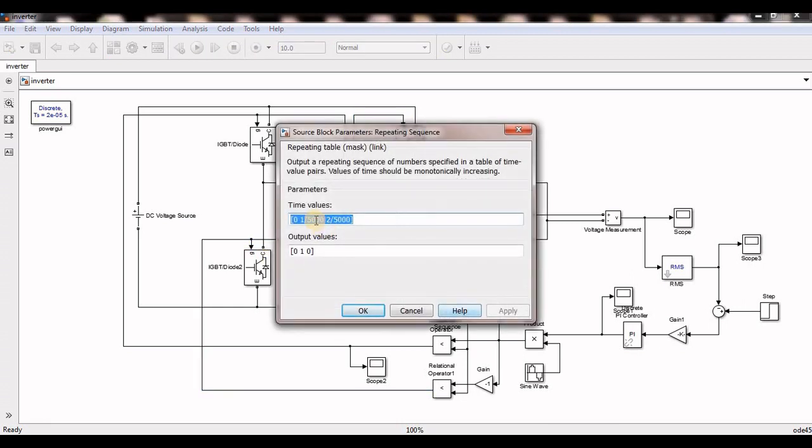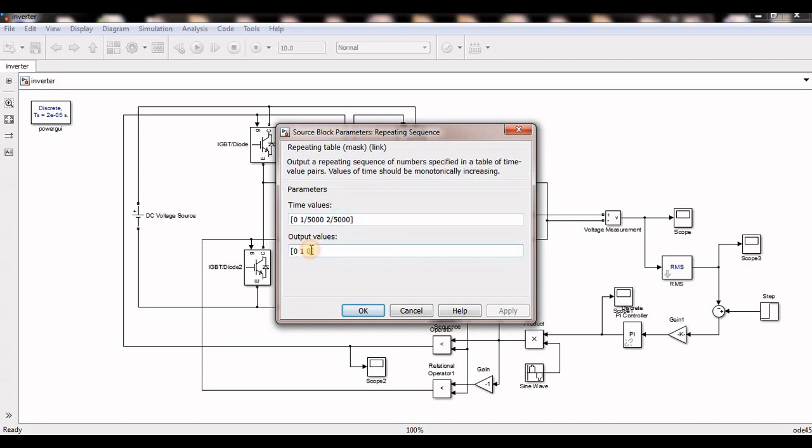And the switching frequency I have taken is 5000 Hz. So generally we can consider this as a complete repeating sequence, so 0 to 2, by 5000, I mean 2500 also. 2500 is my switching frequency, because I have taken 0, 1 and 0.